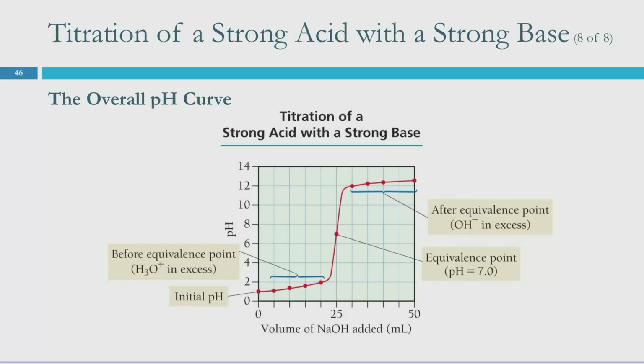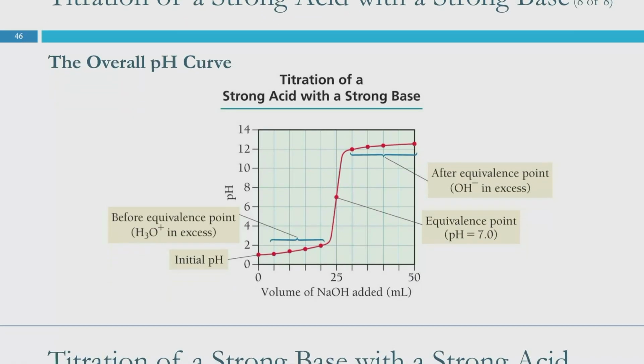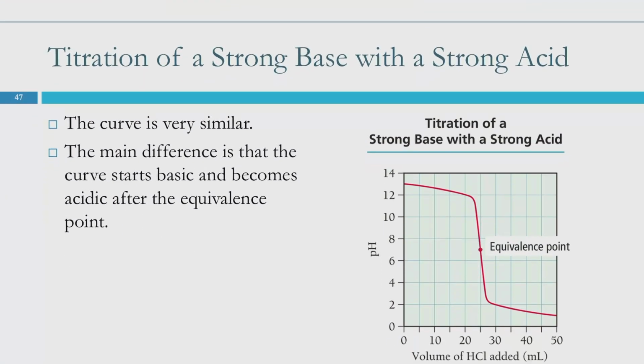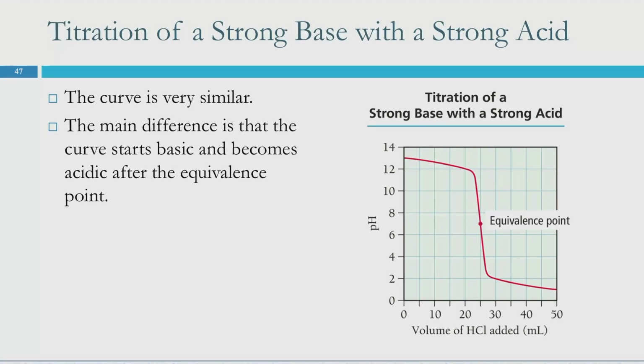So that's kind of the less interesting of the titration situations that we can get ourselves into. There's another one that's equally uninteresting, in my opinion. That's titration of a strong base with a strong acid.